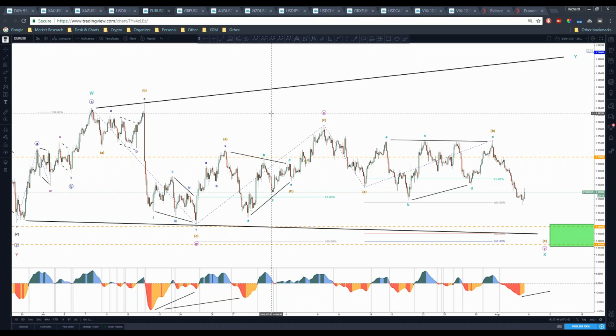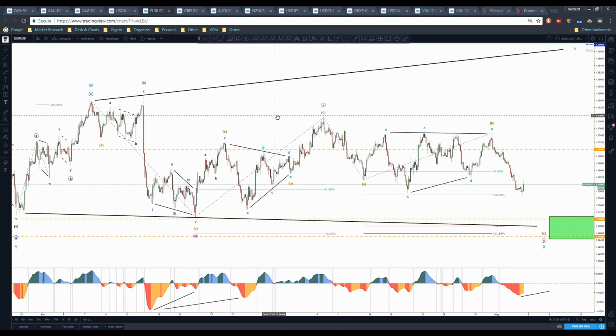So let's move on to the star of the day, basically the main attraction, which is the EUR/USD. I'm on the 2-hour time frame right here.